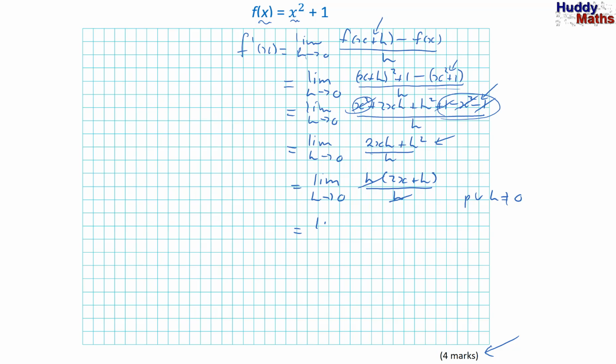So this is the limit then of what's left, which is 2x plus h as h tends to naught, which is, as h tends to naught, this will tend to 2x. It's the same function for our derivative, or our slope of the tangent giving function, as x squared was.